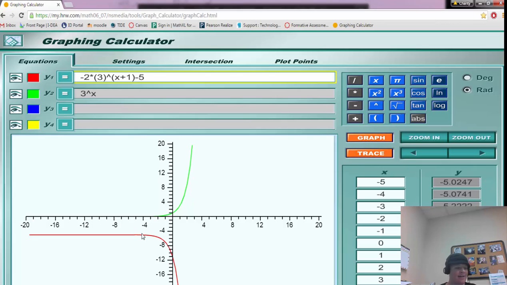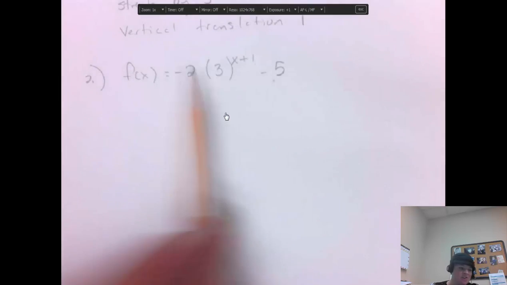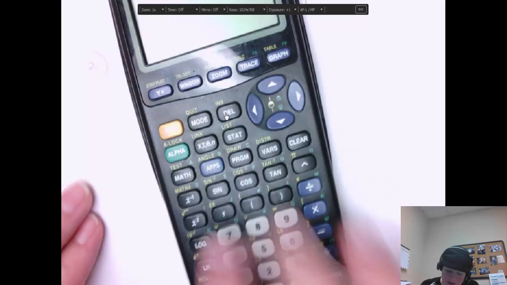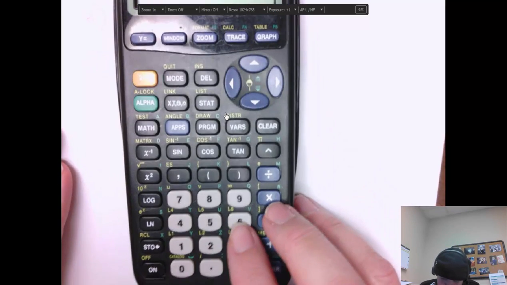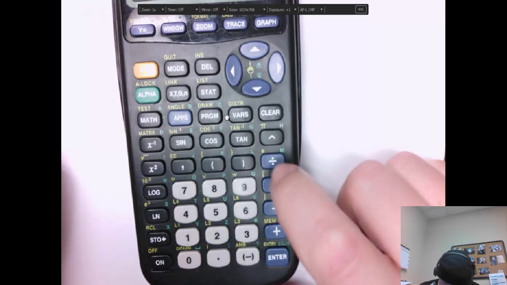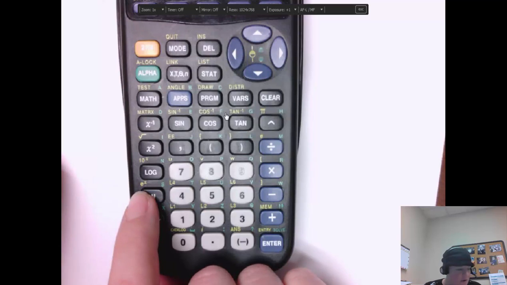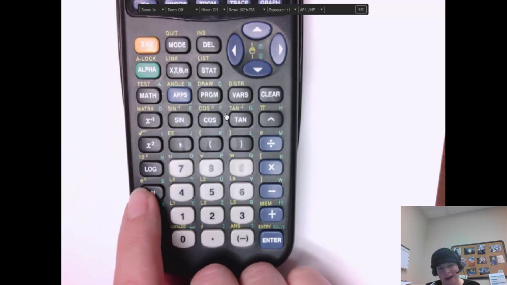I have a couple things I want to make sure I point out. If you see an E on any of your problems, E is just a number like pi, and it's on your calculators as e to the x, here it is, e to the x on this one here. So you're always taking e to some power usually.